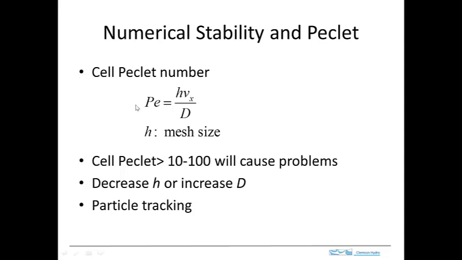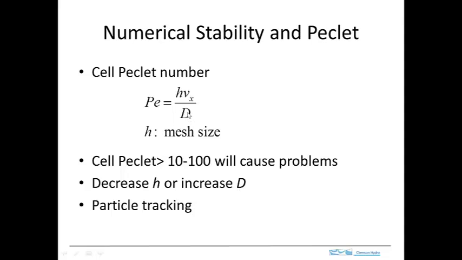So the Peclet number will vary through the mesh if the mesh size varies and if the velocity varies. And what can happen then is that if the velocity is fast and the cell size is large, then this can be large compared to that.